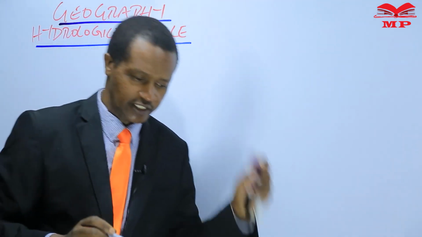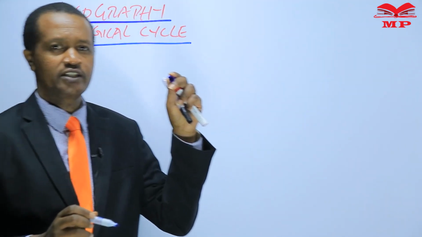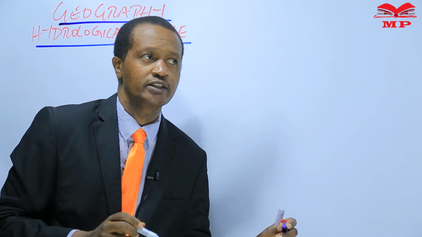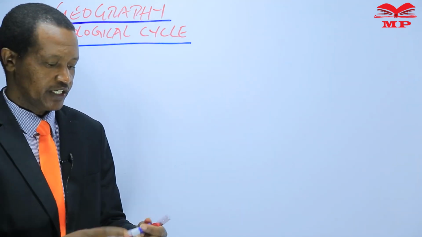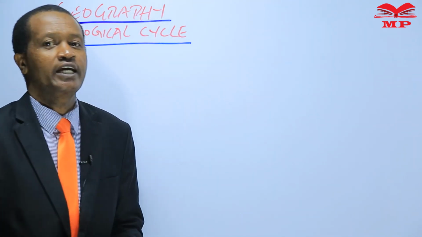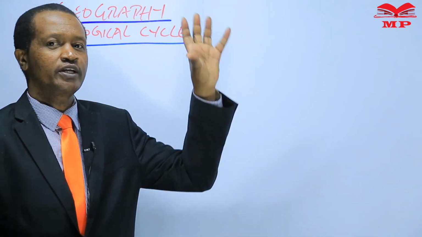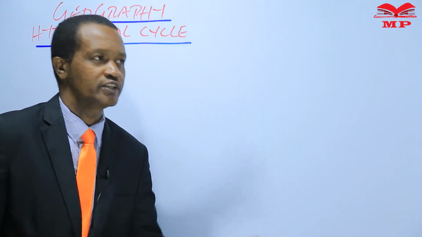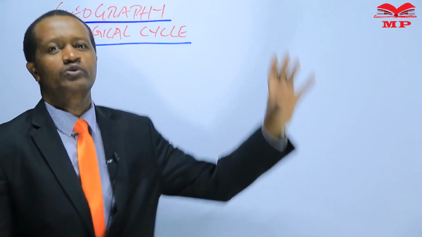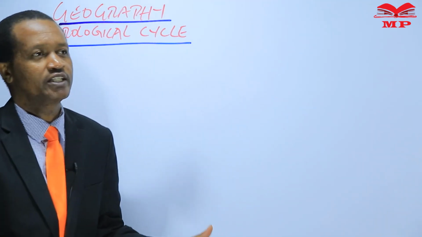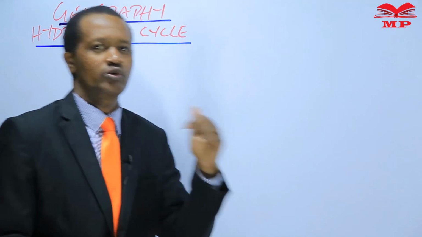Learners, in the first lesson, I defined the hydrological cycle. I said that the hydrological cycle is the endless movement of water from the air to the earth's surface and then back to the air again. We said it's also referred to as water cycle.